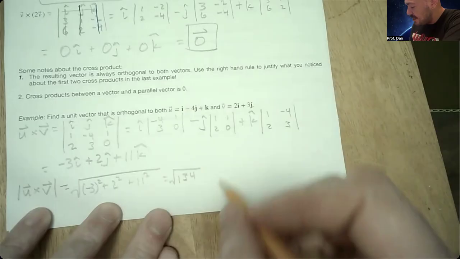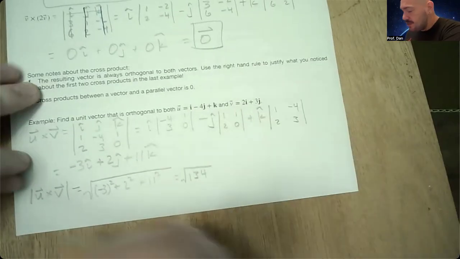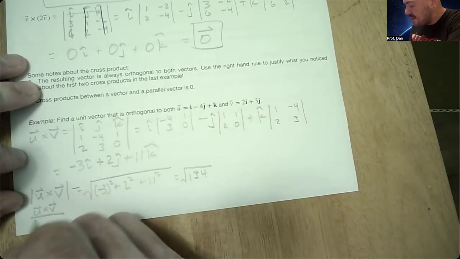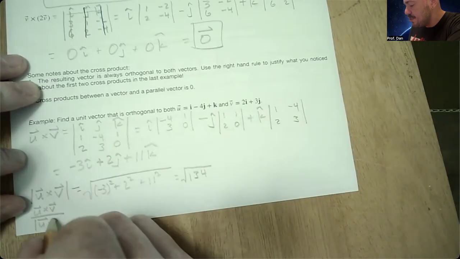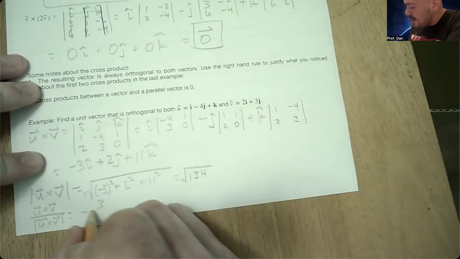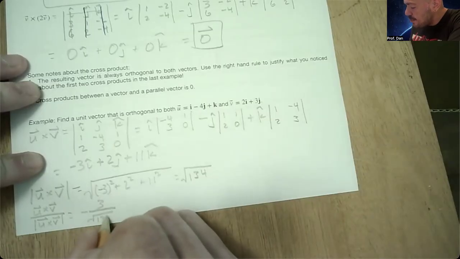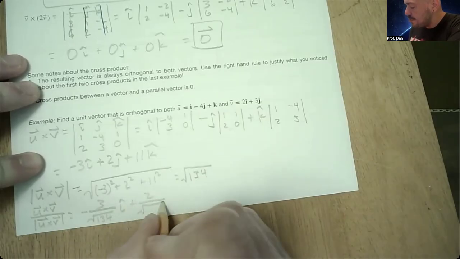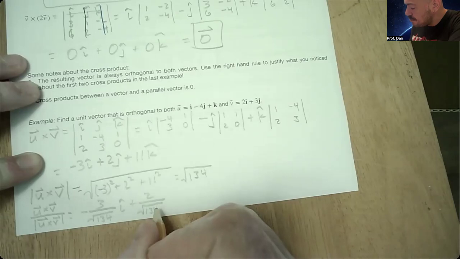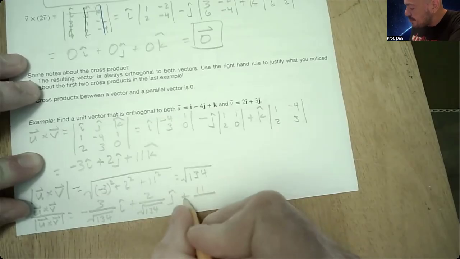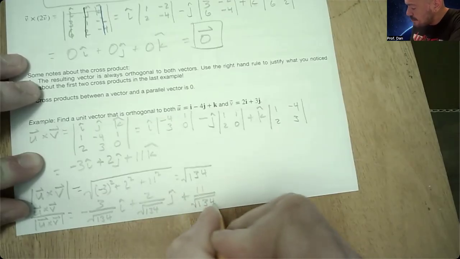If I want to write my unit vector out, remember that's going to be our cross product, u cross v, divided by the magnitude of the cross product. So the result would be -3 over the square root of 134 i, plus 2 over the square root of 134 j, plus 11 over the square root of 134 k.